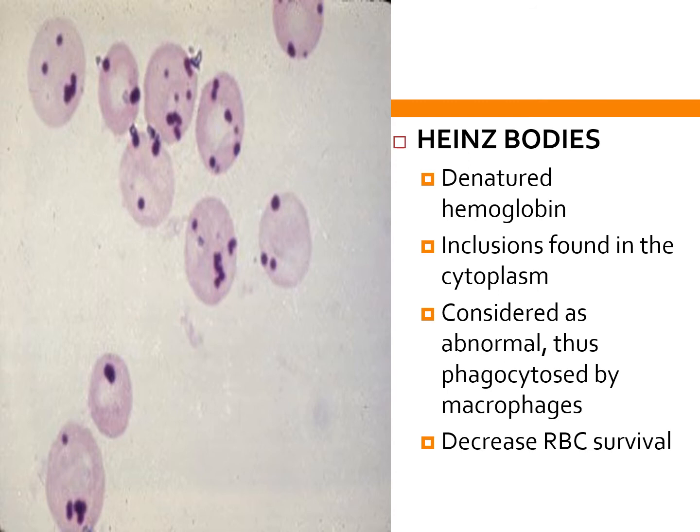Thus, when these Heinz bodies are detected by macrophages, they will be eaten or phagocytosed by macrophages. So this particular RBC with Heinz bodies cannot survive until 120 days. Hence, they have decreased RBC survival.